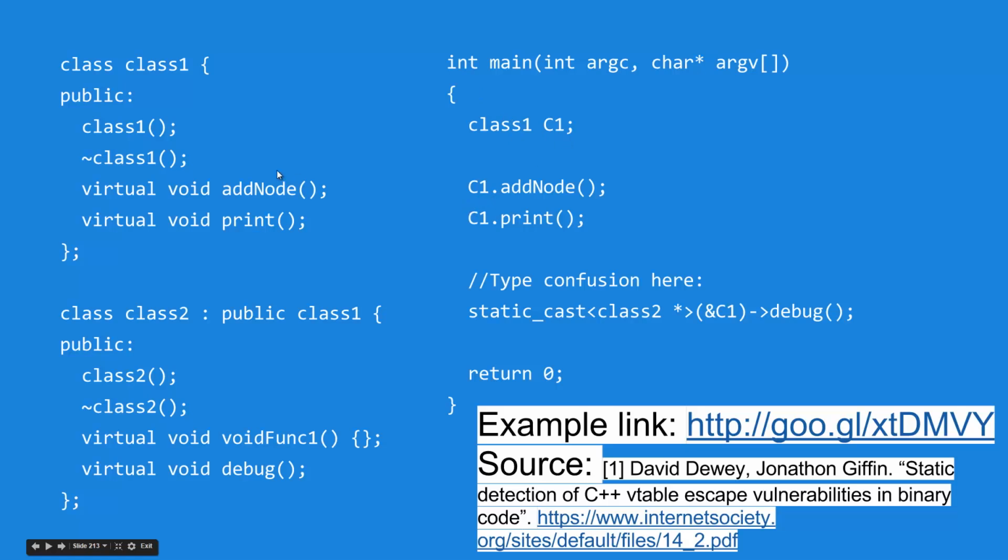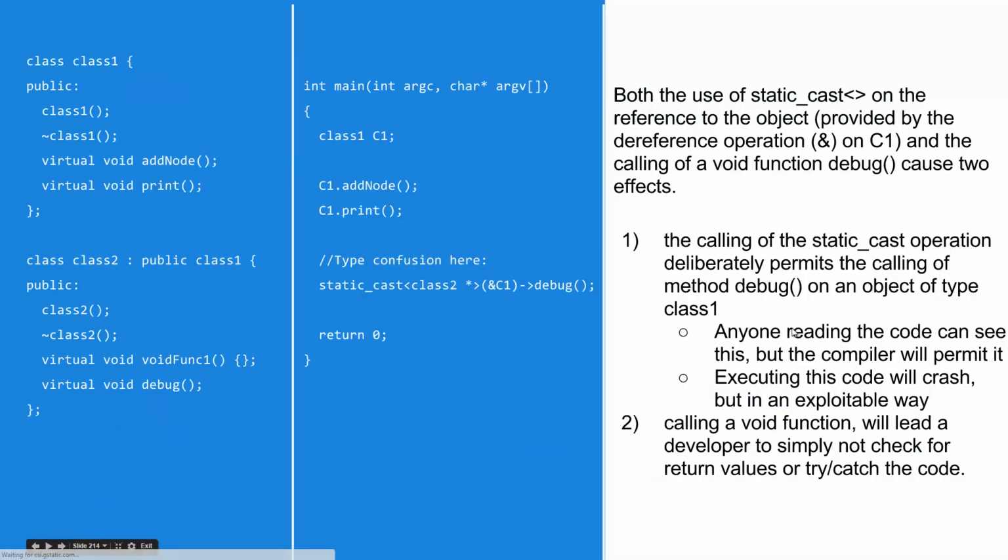C1 calls two functions, add node and print, that belong to the base class, and then it is typecasted through static cast to the derivative class to call the debug function. This act here is actually a type confusion vulnerability that in this instance should segfault the program. That is under Visual Studio and G++, according to the researchers.